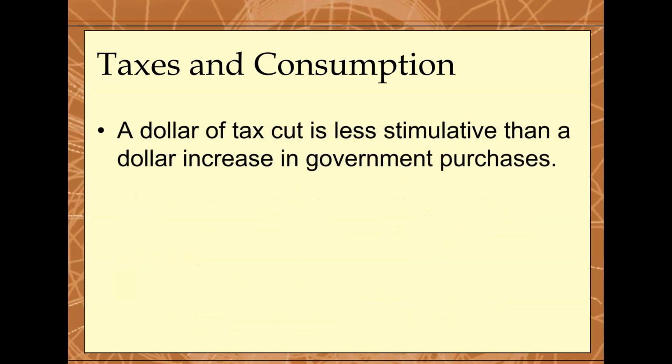So $1 of a tax cut is less stimulative than $1 of government spending. Why is that? Well, think about this. If the government spends, so government spending equals $100 billion, that will shift the AD curve by $100 billion.